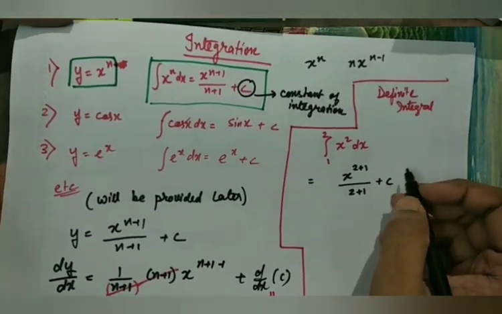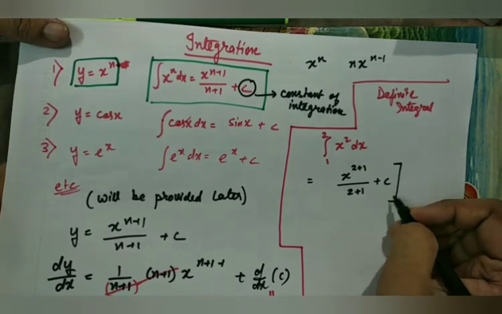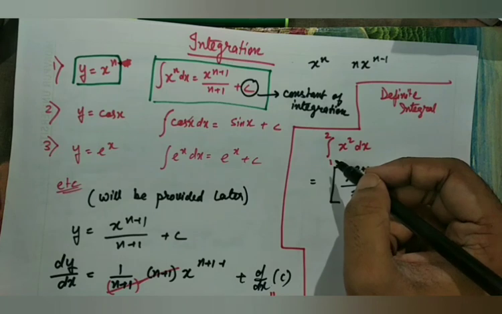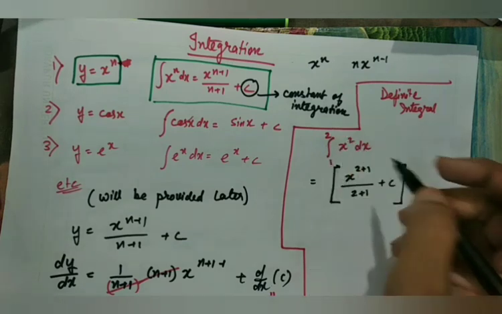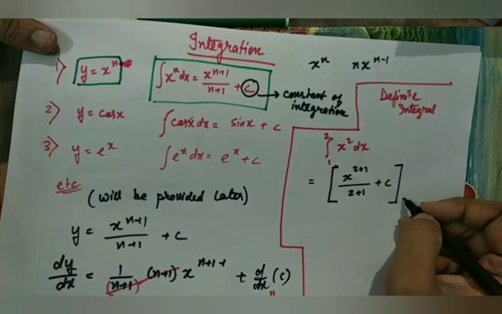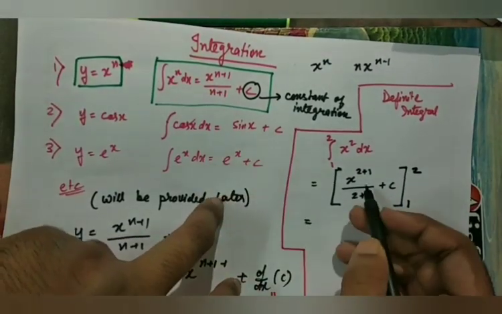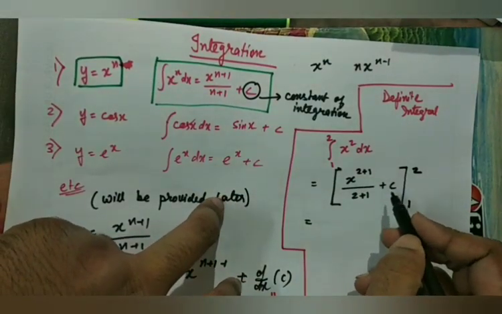Let me give here a c. Now, since it is integrated within the limits x equals 1 to x equals 2, we'll put a square bracket here and write 1 to 2. This is x cubed by 3 plus c.